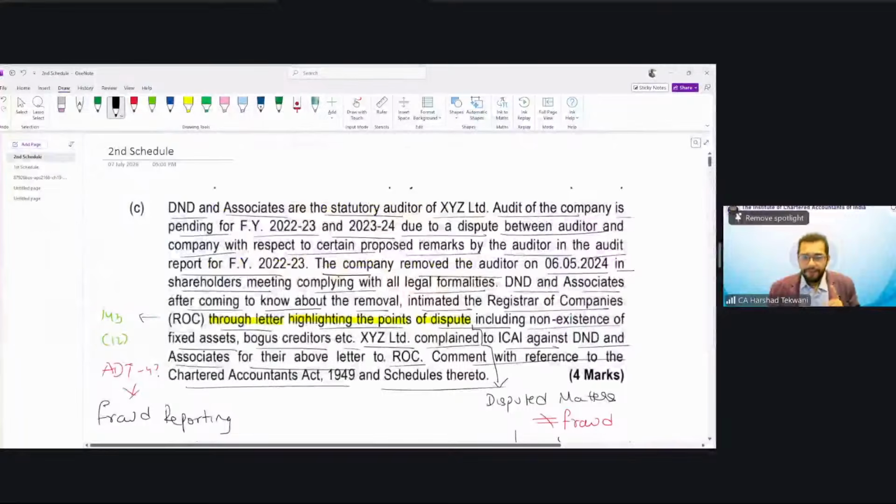Now, if I change a few words in this particular question, instead of saying that they reported the matter to the ROC through the letter, if I write that they reported the matter in ADT 4, then in that particular case it becomes a duty of the auditor and is required by law.